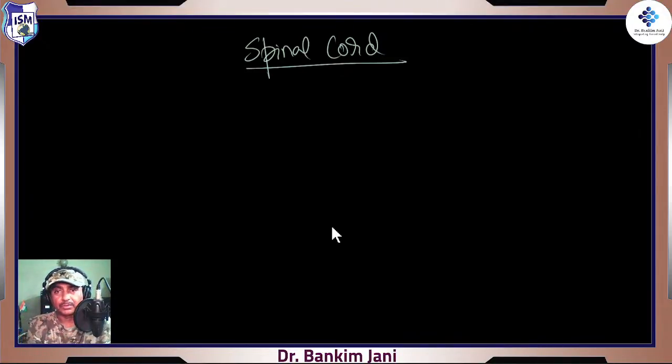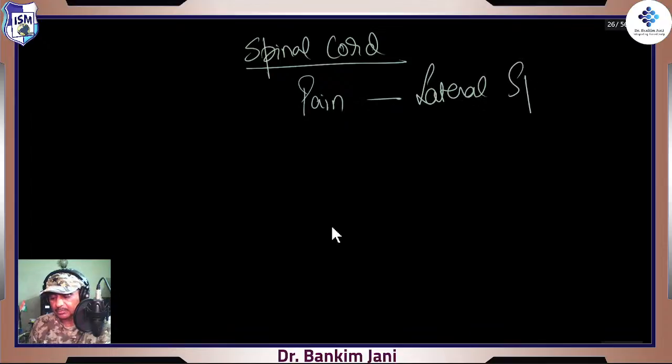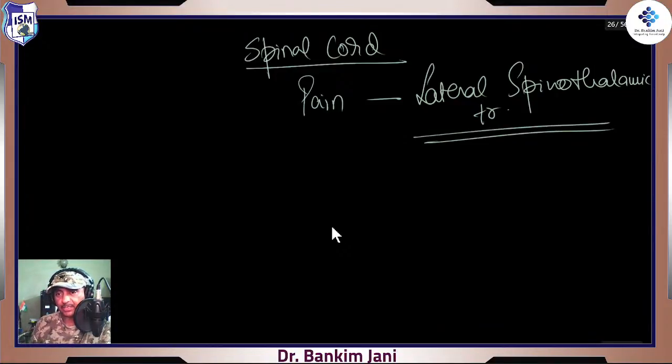Mainly, the parasympathetic and partly the sympathetic pain sensations travel by the lateral spinothalamic tract, because that's how the spinal cord is formed.